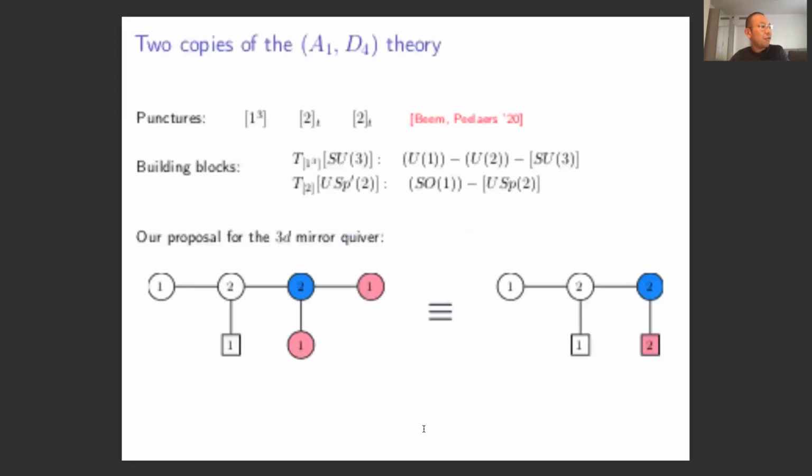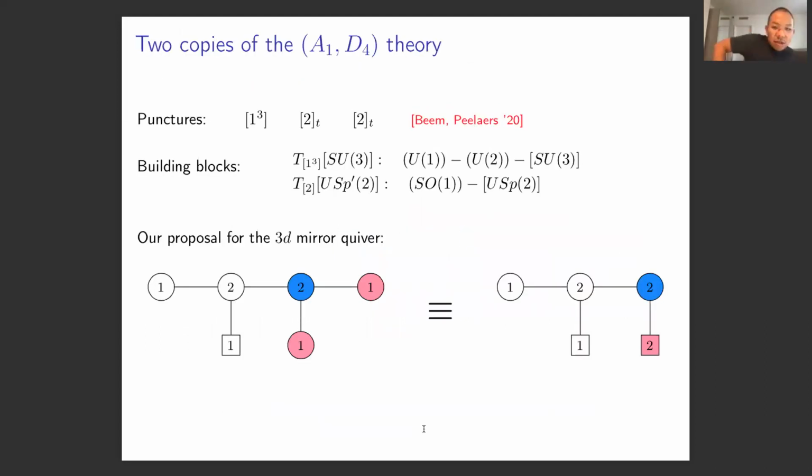So let me give you an example. The first example is two copies of the A1D4 theory. This is an Argyres-Douglas theory with SU(3) symmetry. The claim is that if you give this puncture, this should describe this type of theory. So the building block from 1 to 3 is U(1), U(2), SU(3).